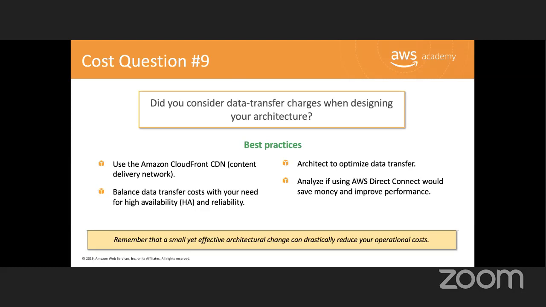Architect to optimize data transfer. Analyze if using AWS Direct Connect would save money and improve performance. You know that AWS Direct Connect is not cheap. Okay, so you have to balance that out. See if you can afford it, based on the return on investment.